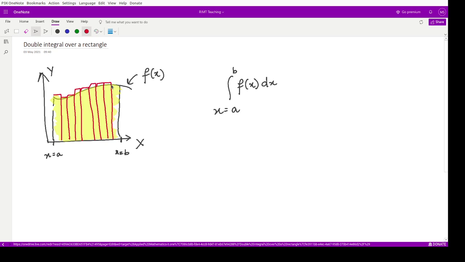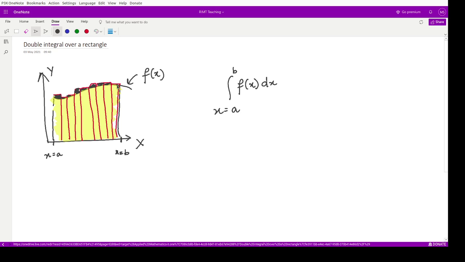So whatever is the area, that would be nearly equal to this yellow shaded area, right? Except these portions, which are these black portions, they are the extra portions.